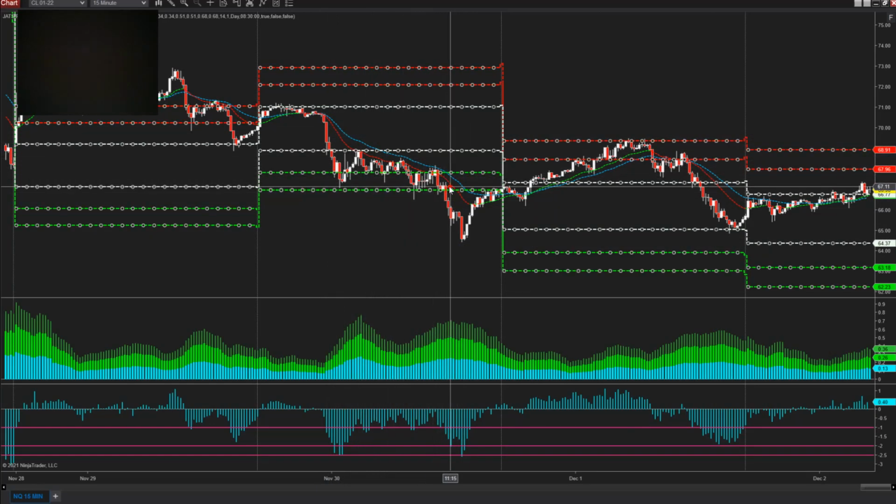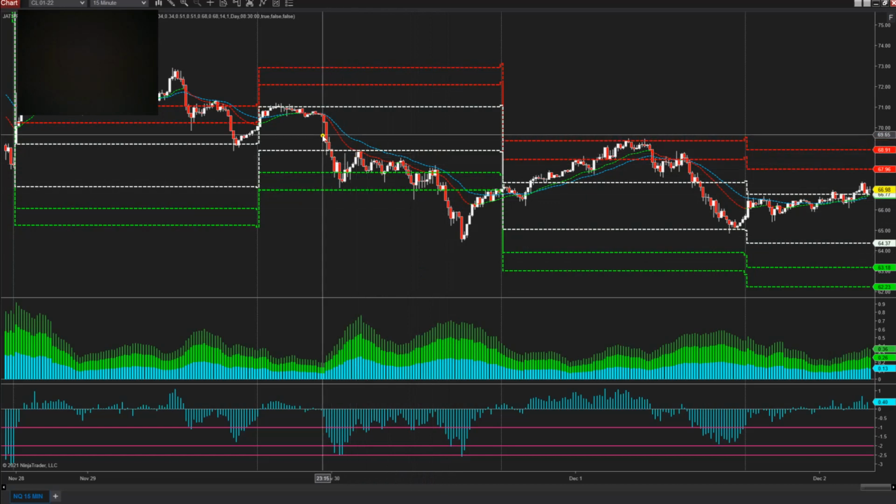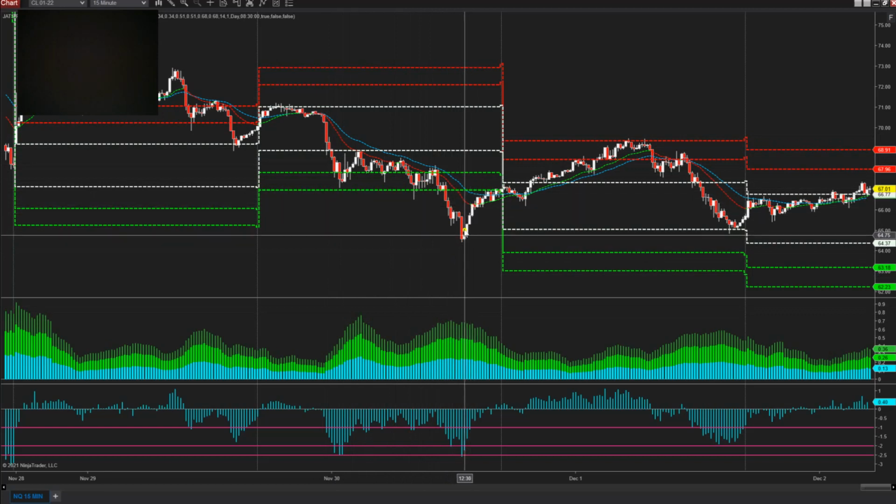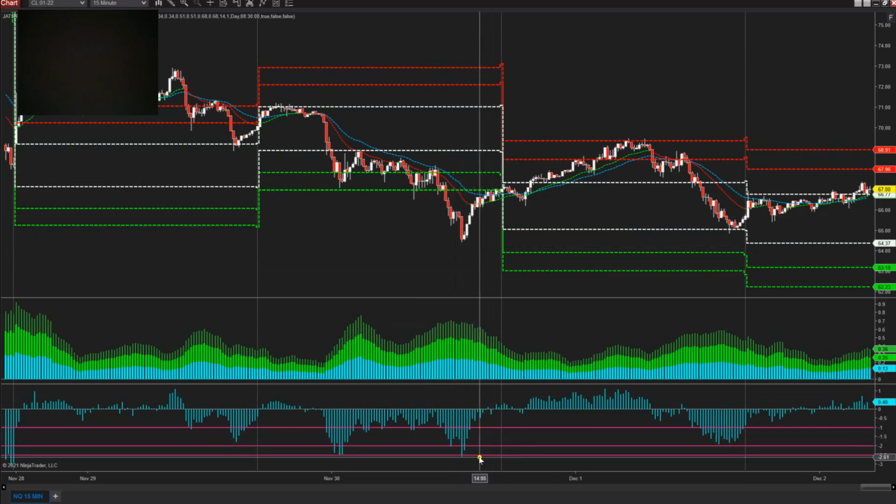So I measure from excursions away from the EMA to my threshold targets, knowing that if it hits these lines, more likely than not, in a normal trading environment, that it's going to return back to the band.